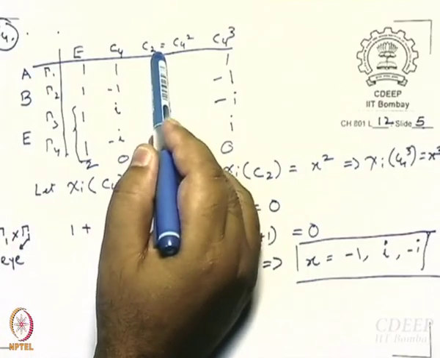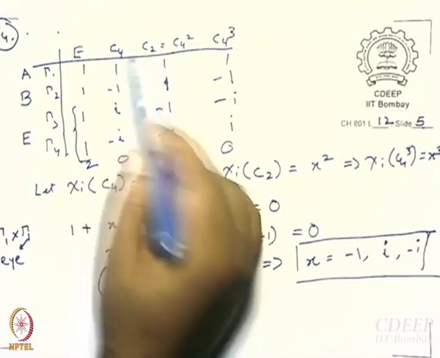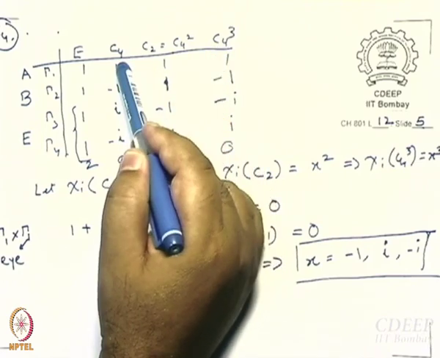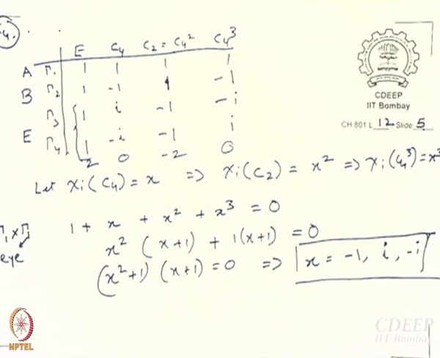I mean, of course, everything is correlated, but there is no direct correlation in the sense that I know that here the character of C2 has to be the square of this. I know that the character of C4 cube has to be the cube of C4, right. There is no such relationship among the characters of the non-cyclic G4, right, because symmetry operations are all different. Okay. So, this is where you get the marriage of group theory and symmetry. One is not good enough.